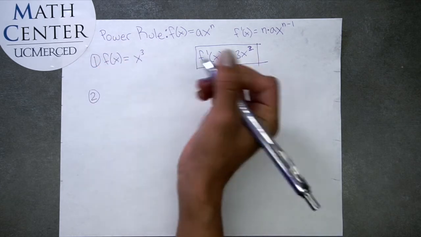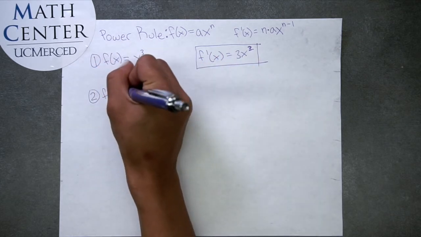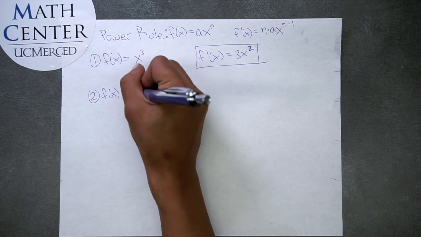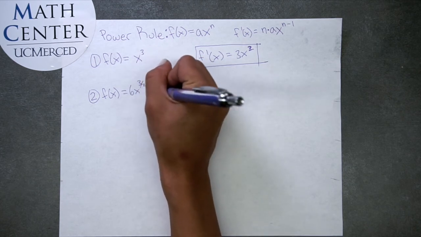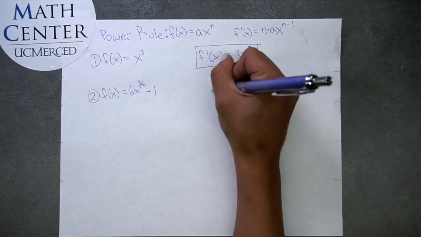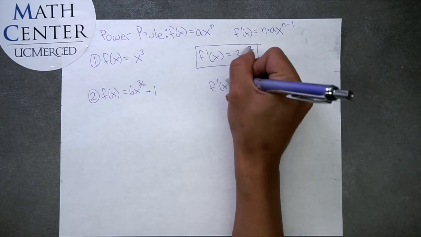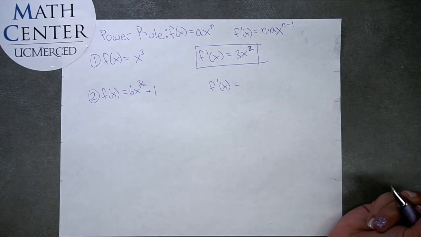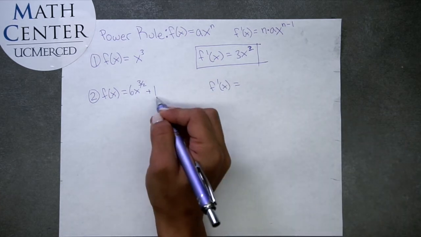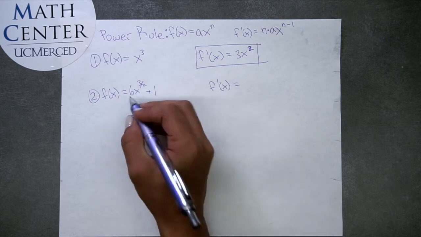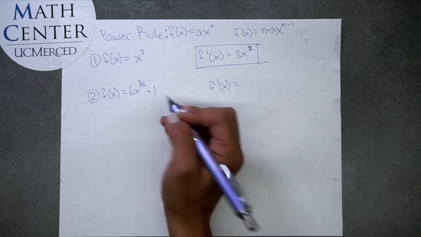Here's another one. If f of x equals 6x to the 3/2 power plus 1, the derivative of that would equal, well, we have two things being added to each other, so we can just take the derivative of each of them separately.